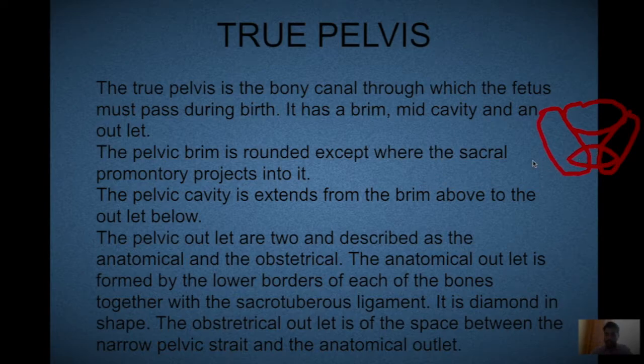That is, the outlet which we can see from this direction is called as anatomical outlet. But the obstetrical outlet is that outlet through which the baby's head comes out. So this is the basic difference between the anatomical and obstetrical outlet.